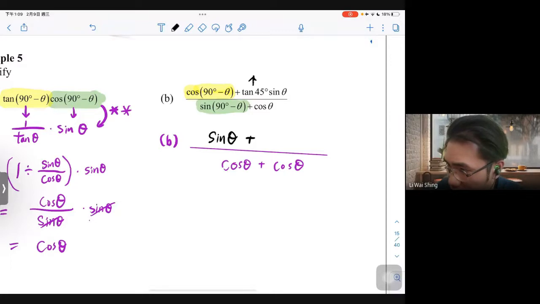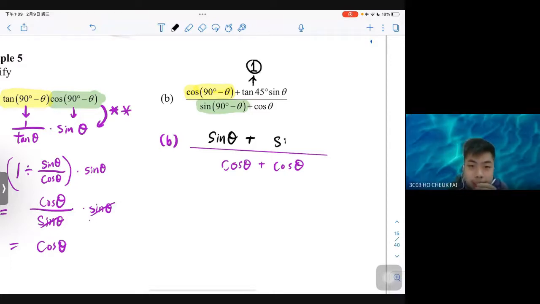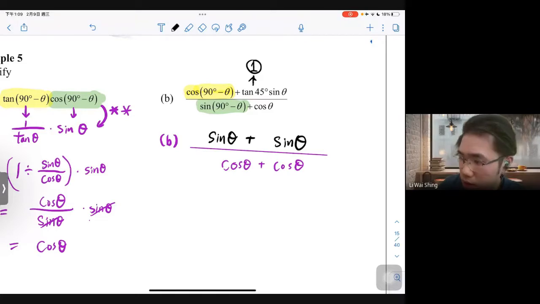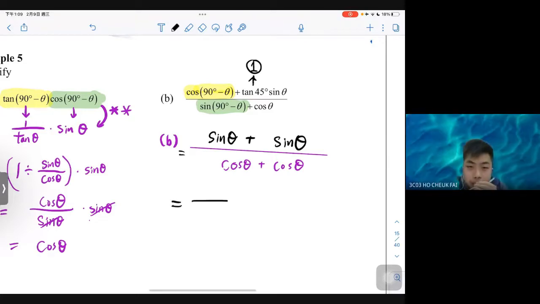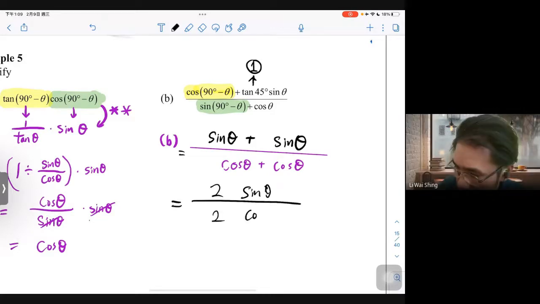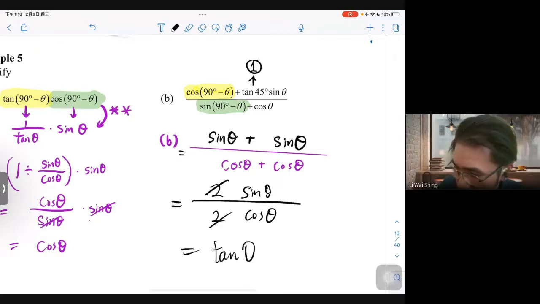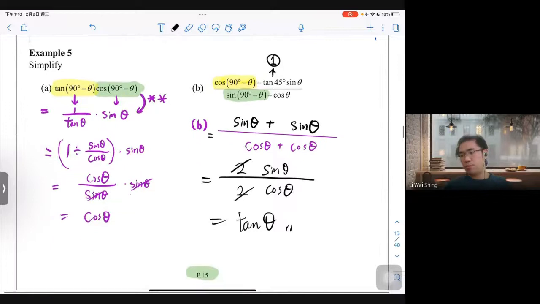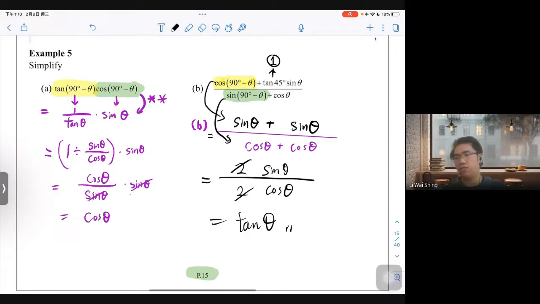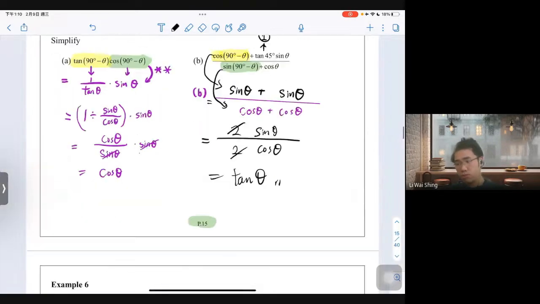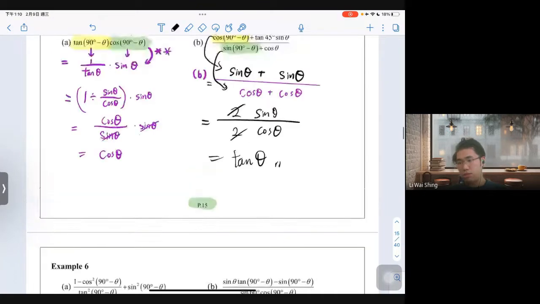Very good. So write sin theta. Then add them, 2 sin theta over 2 cosine theta. Yes, very good. And then at last cancel, it becomes tangent theta. Very good. Finished. Good job. Okay, so you just do one more step, which is change 90 degree minus theta into the no 90 degree. Okay? Any question?